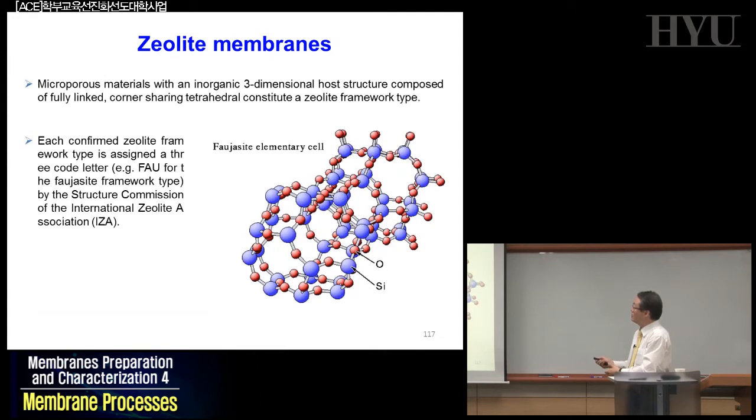And we already talked about these zeolite structures, sometimes called the Faujasite framework type, and the FAU or Faujasite type unit is called zeolite A. And from zeolite A to zeolite Z, there are many types of zeolite, in fact, composed of silica and oxygen, and you form the frameworks, so you have a lot of pore structures in this case.